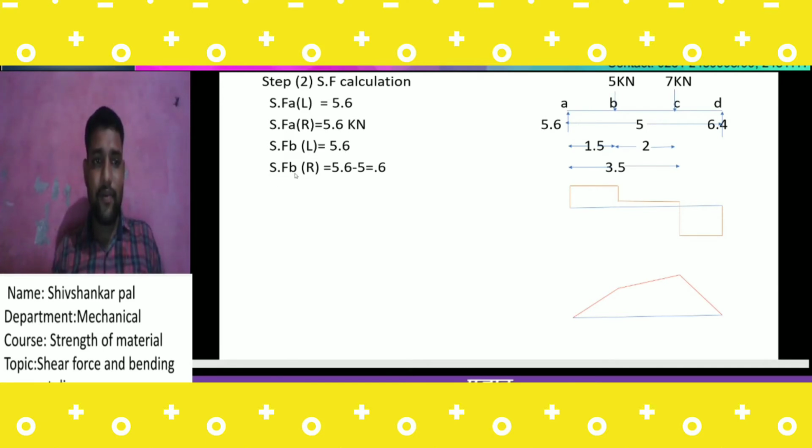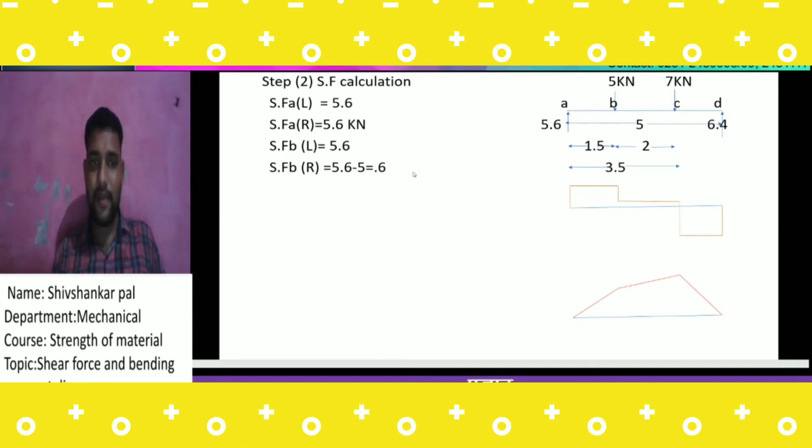And for the shear force at point B, when I go to the right-hand side of point B, I see 5.6 kN in the upward direction and 5 kN in the downward direction. Two loads are acting when I am situated at point B from the right-hand side. One is the 5.6 in the upward direction and the 5 kN is in the downward direction.